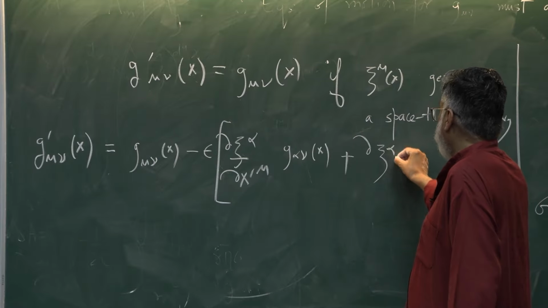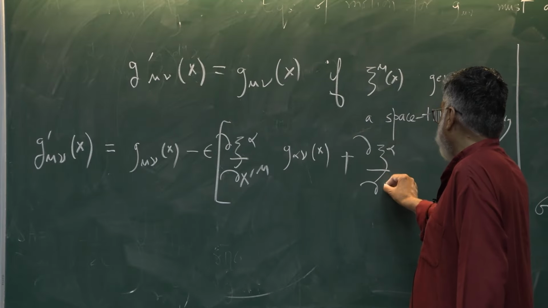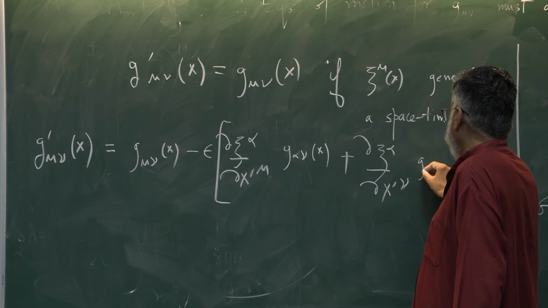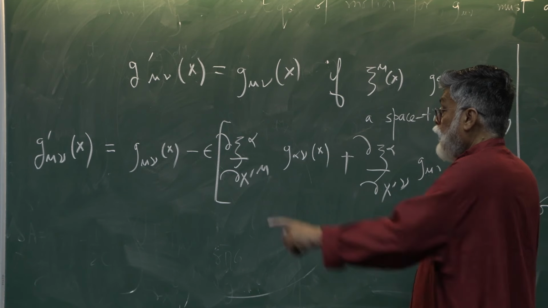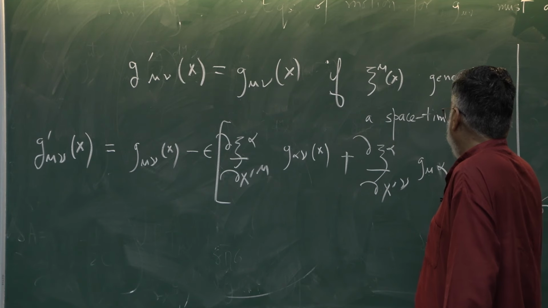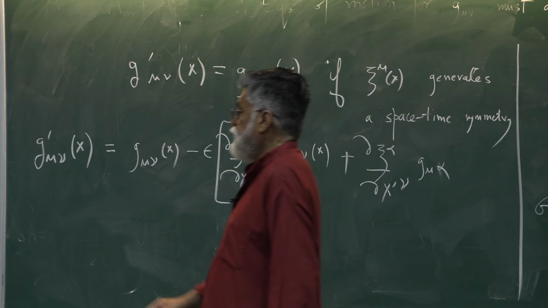So del xi alpha by del x prime nu g mu alpha, because beta I have called it alpha. So these two terms have been made common.